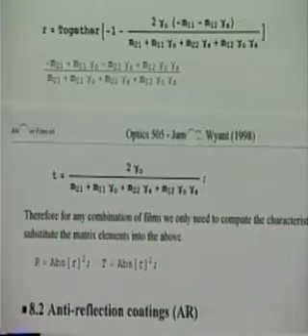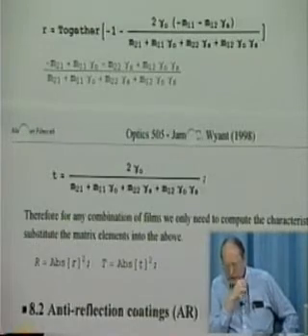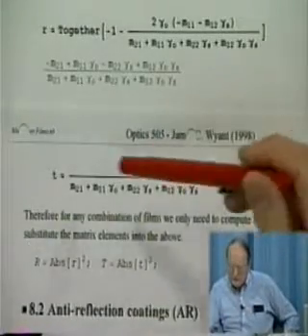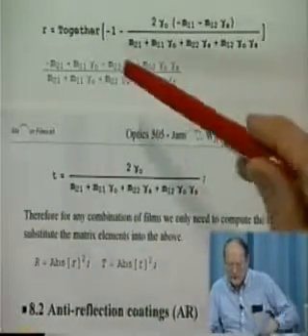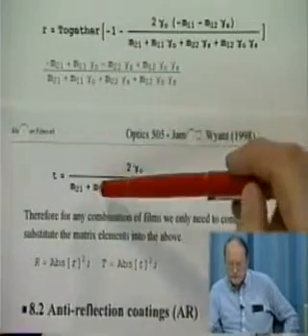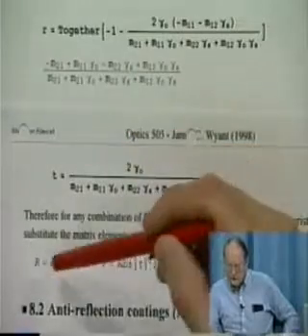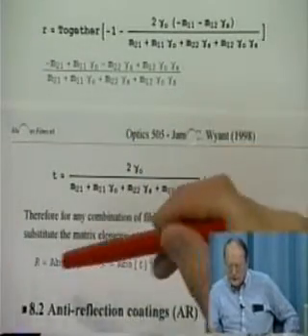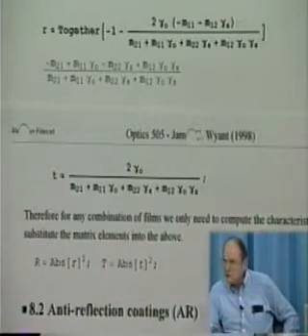So the thing is that if we have a film, we know N and K for the film, we know angles of incidence, we can now calculate this matrix for this film, plug the elements of the matrix in here, and calculate either the reflection or the transmission. And then we could square these, or absolute value squared, and calculate the intensity reflection and intensity transmission.